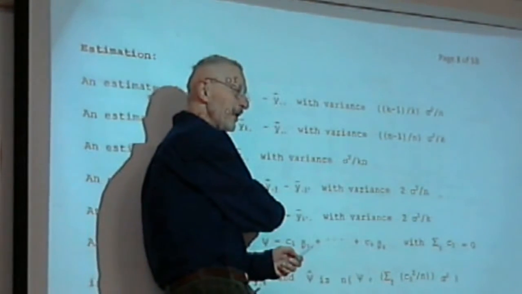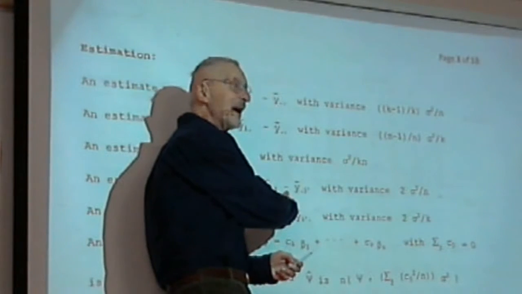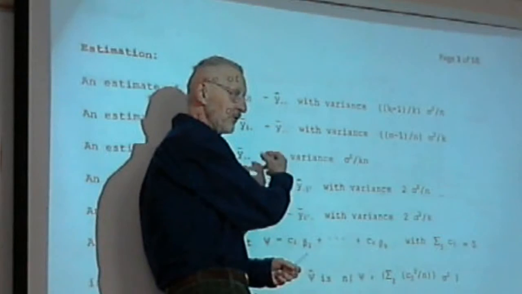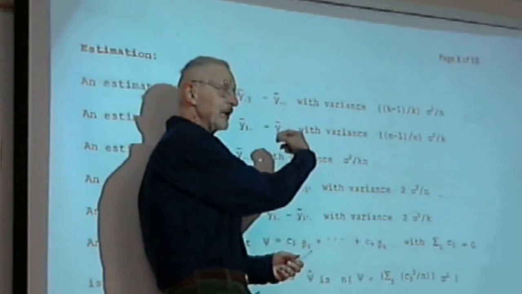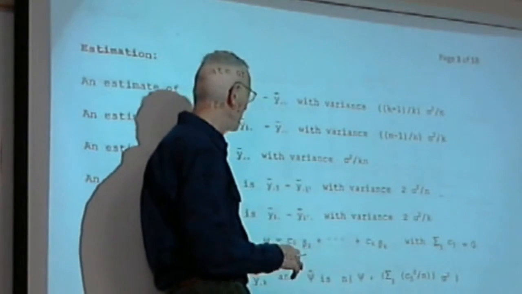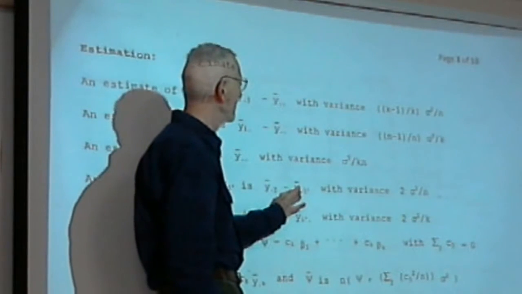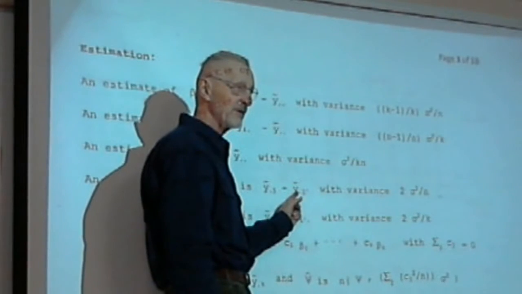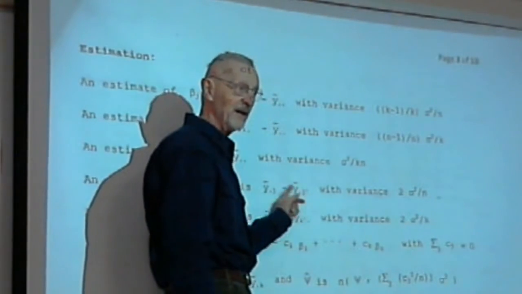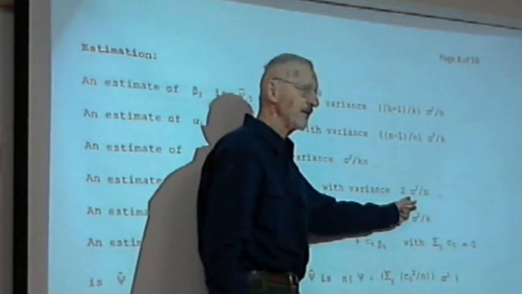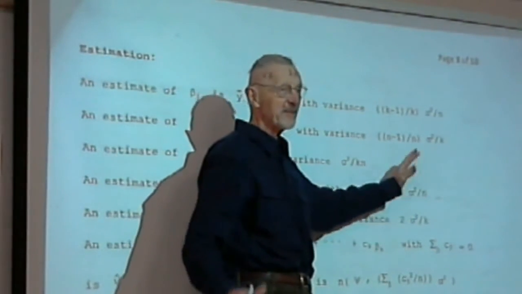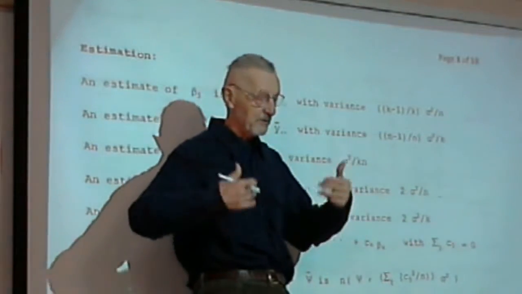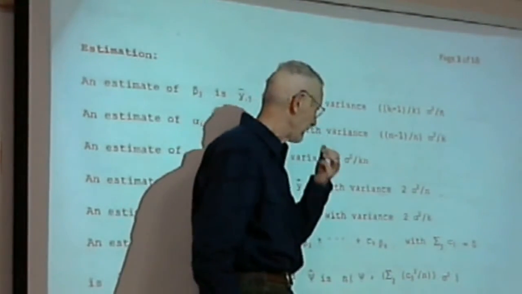Here the coefficient is plus 1, here the coefficient is minus 1, and I'm going to be squaring those coefficients. So 1 squared is 1, minus 1 squared is again 1, and the variance comes out to be the sum of the two variances. This had a variance of sigma squared over n, and this again had a variance of sigma squared over n. So I add the two together, and I get 2 sigma squared over n. That's easy, right? There's nothing hard about that. That's a direct result from basic principles.